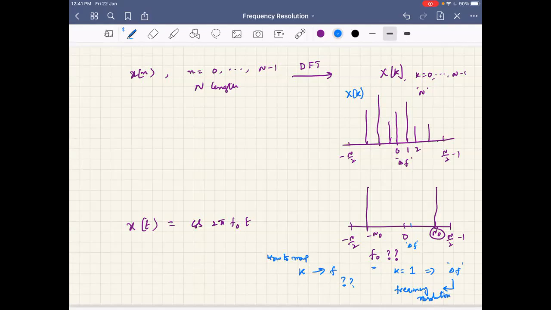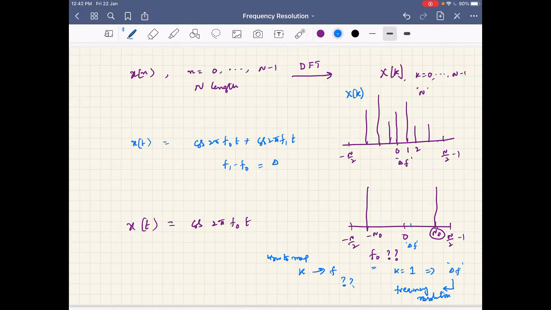If I have this information, what advantage do I have? In the input signal x of t, assume that there are, say, 2 cos 2 pi f naught t plus cos 2 pi f1 t. Assume that f1 minus f naught is equal to some value delta.